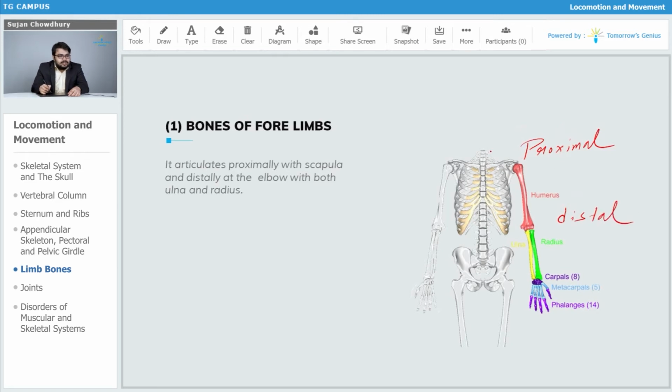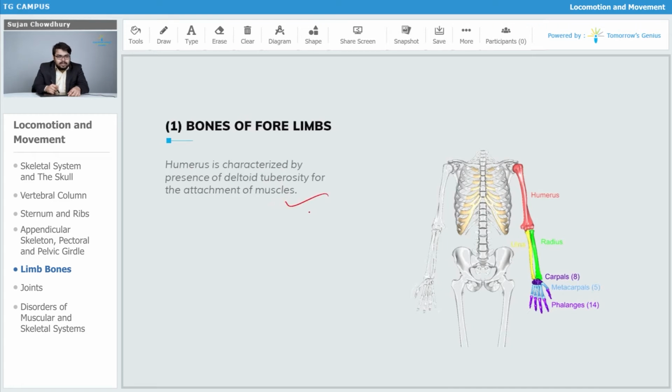As you can clearly observe, at the proximal end, the humerus is joined with the pectoral girdle, specifically with the scapula, and at the distal end, it is joined with the ulna and radius. And this structure is the elbow joint. Humerus is characterized by presence of deltoid tuberosity for the attachment of muscles.